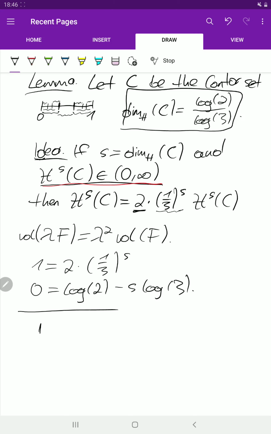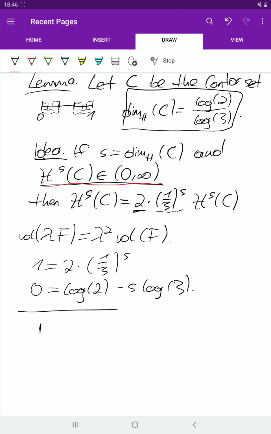Then if we would apply this reasoning again, then we would get that, well, no, that's actually wrong, because these sets are not exactly self-similar.